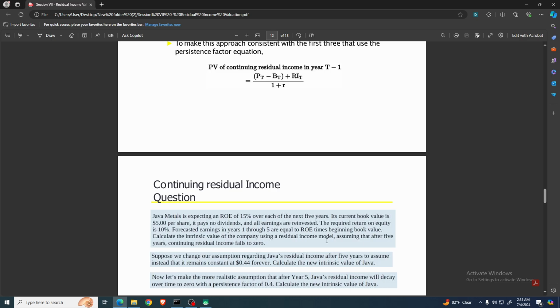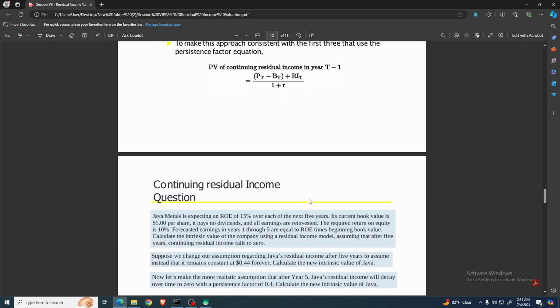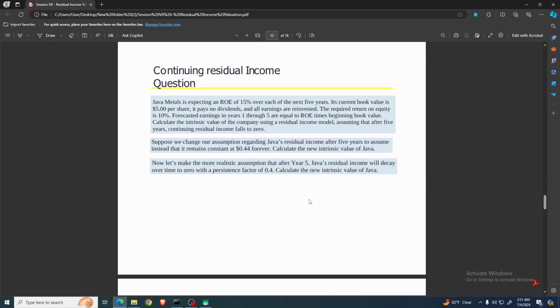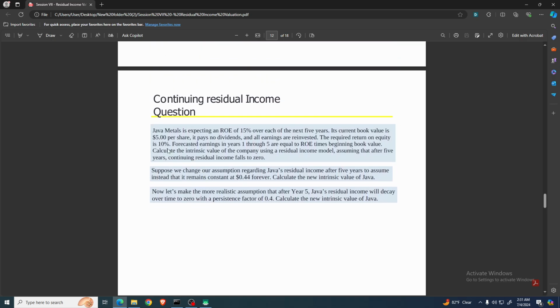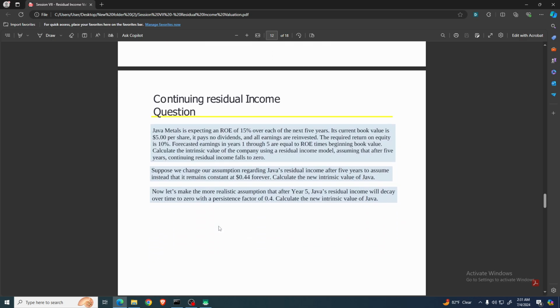Again, same as before, if you were to get a question on this concept, you will definitely get the equation with the question sheet as well. So without further ado, we have an equation, and once we do, we have a problem for these equations to be applied, and I'm sure you will be familiar with the application of these assumptions into residual income calculation in a more effective and efficient manner.